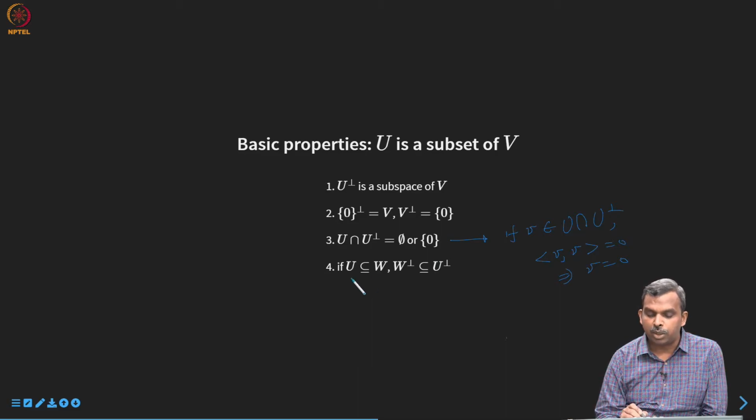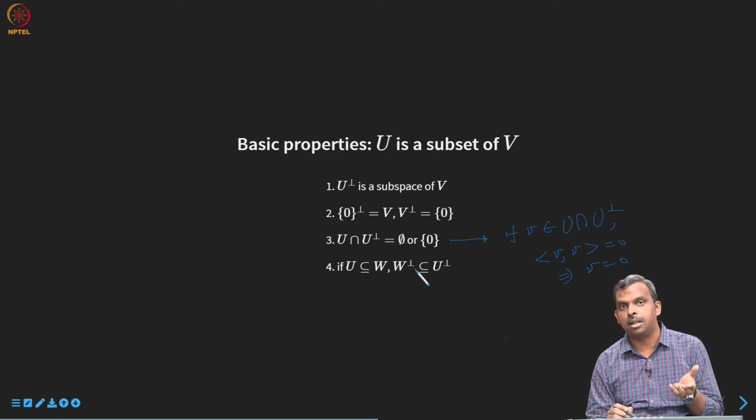Another result which you can quickly show is if U is contained in W, if W is a superset of U, then the orthogonal complement W perp will be contained in U perp. Something that belongs to W perp will also be perpendicular to every point in U, so it should be contained in U perp. The containment in the orthogonal complement is the reverse of the containment here.